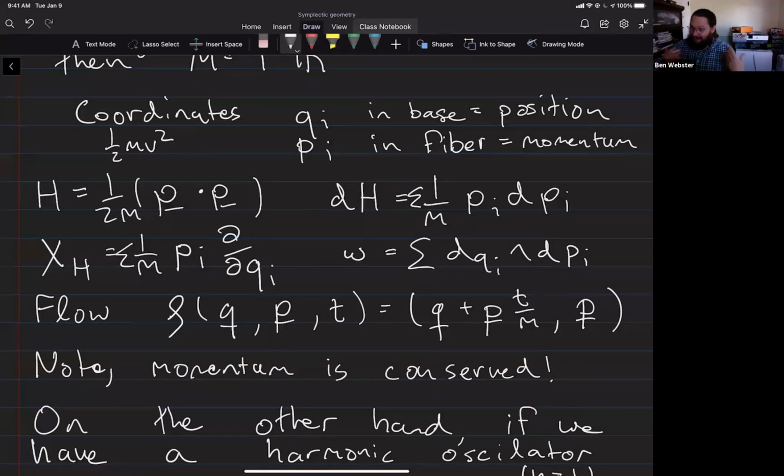This is very easy from a physical perspective, and everything in Hamilton's equations checks out when you do it this way. One thing worth noting: momentum is conserved. The momentum stays the same all the time, and you just move around according to your position. That'll come back later.